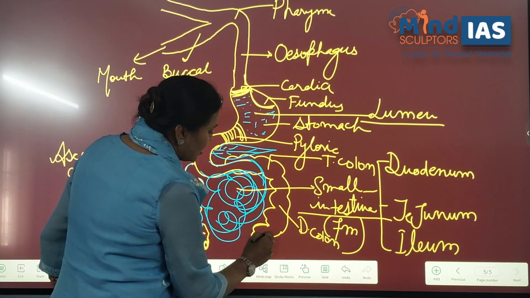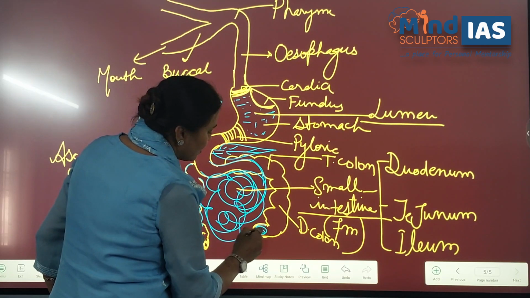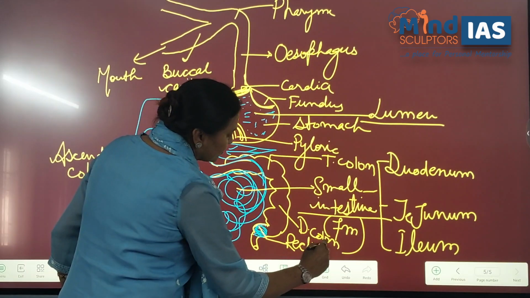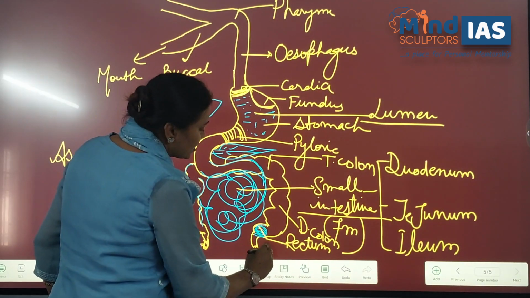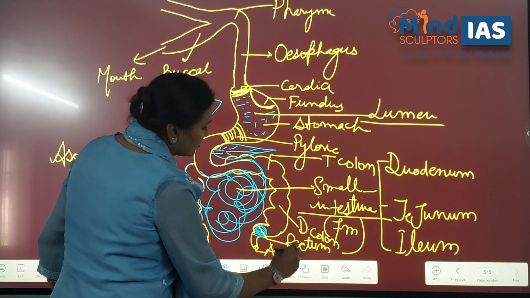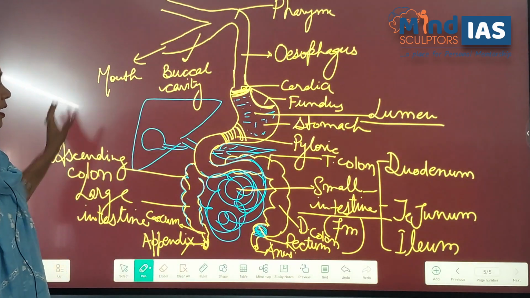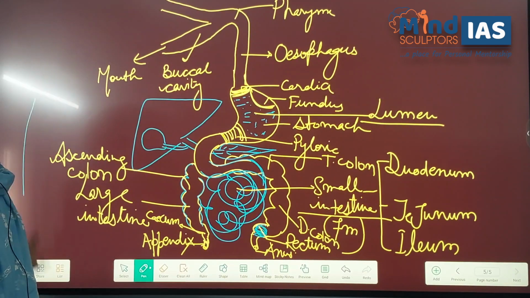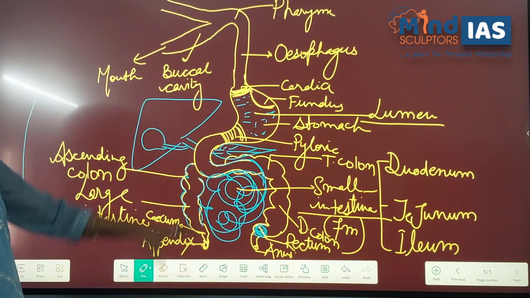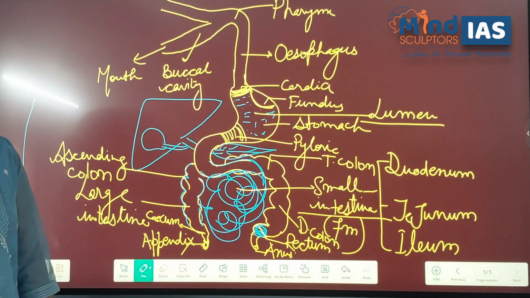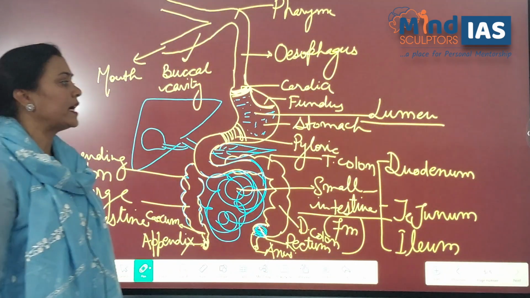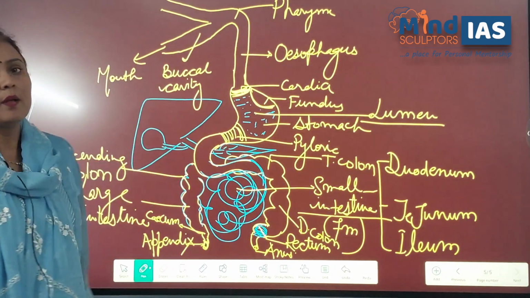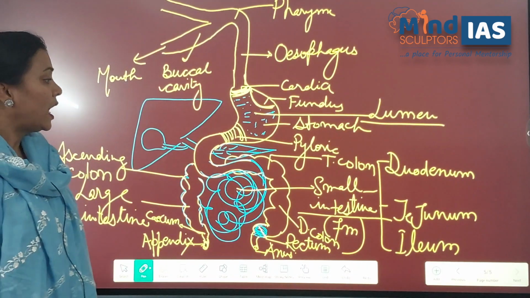This specific region is called the rectum and the opening of this is called the anus. So this is the rough glimpse of your entire human digestive system, which consists of so many parts. To understand the process of digestion, you have to remember all these parts.